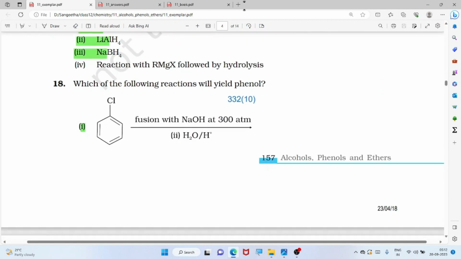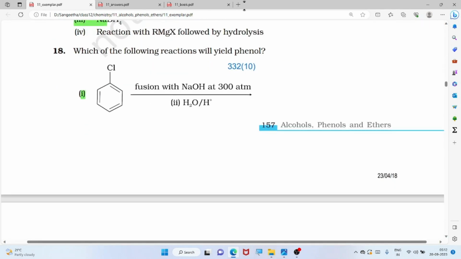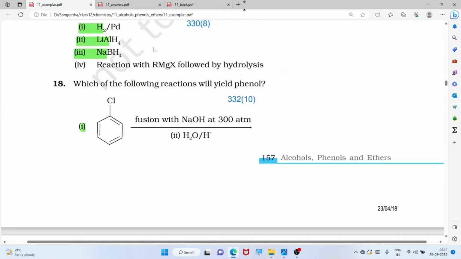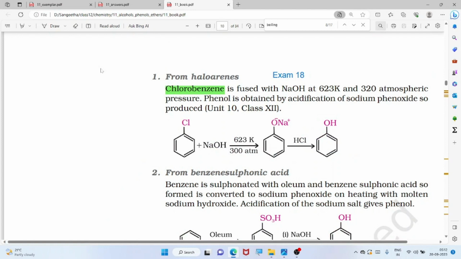Which of the following reactions will yield phenol? 1, 2, 3. So this will yield phenol here.